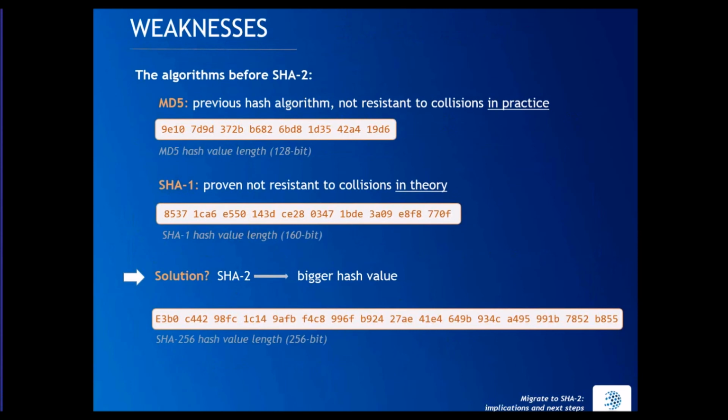Once the end entity certificate was signed by the certificate authority, the attacker reused the digital signature to produce fraudulent CA certificates and issue fraudulent end entity certificates for any domains. So that's why it's not resistant to collisions in practice.